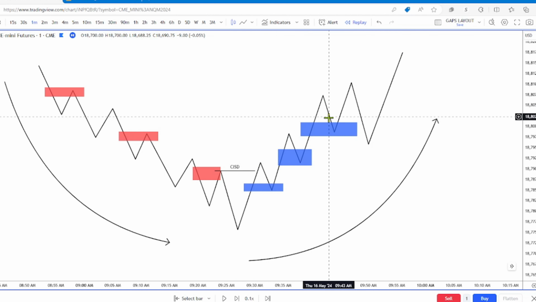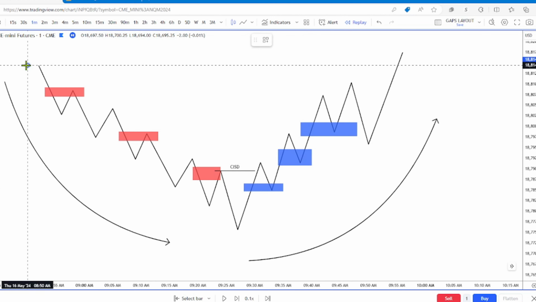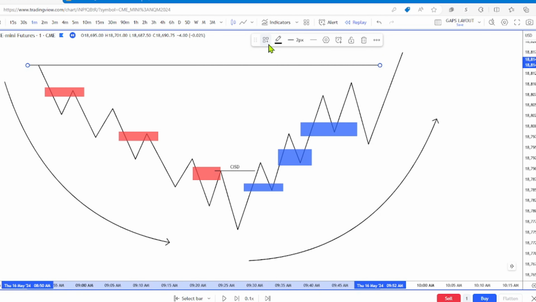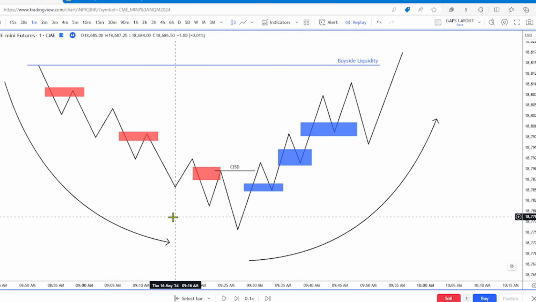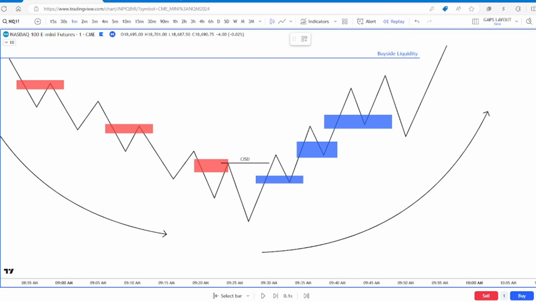To then use to attack the buy side liquidity above. Okay, in here we have this low, high, lower low.